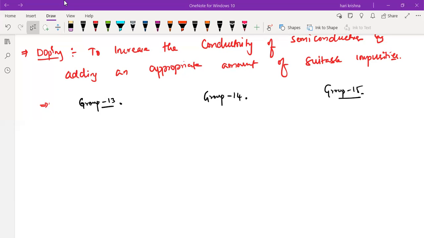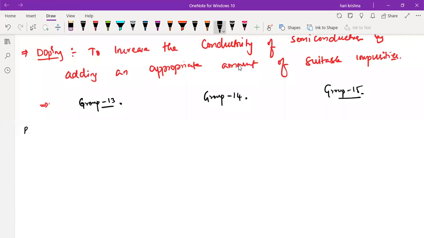What about Dhairya and Vishwanath? So I'll teach you the elements of group number 13, 14, 15. One small trick is there. If you want to remember the elements in group number 13: Brother Andrew got intelligent thought.